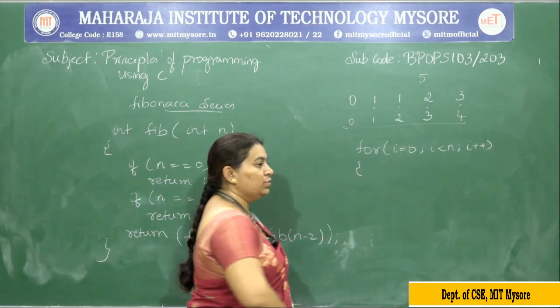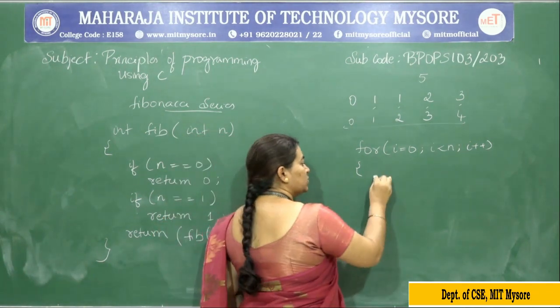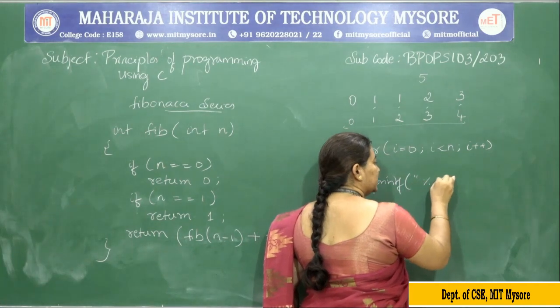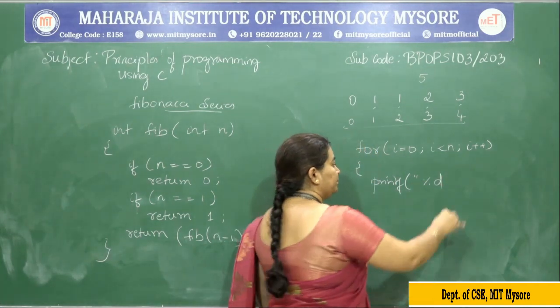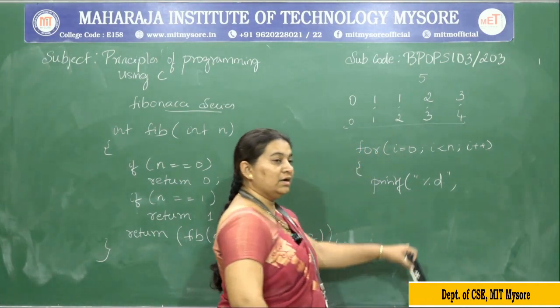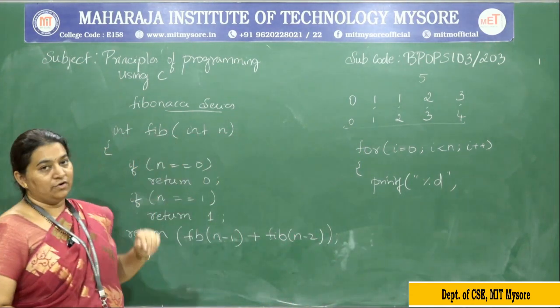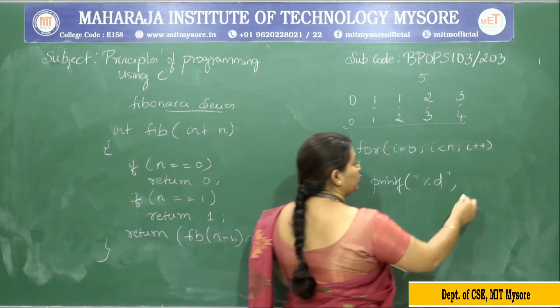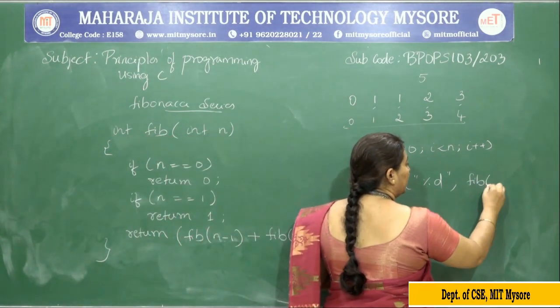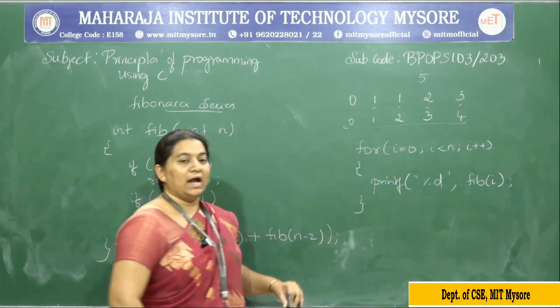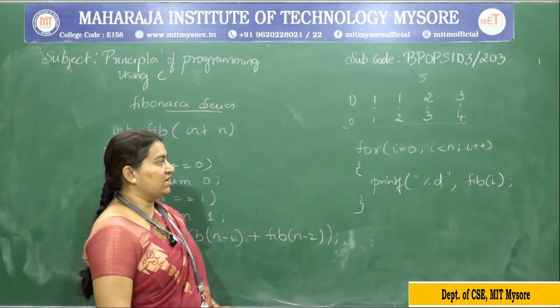Next I have to print that series, so I'm going to use printf %d, and I'm calling the function fib of i. I'm going to send it and print this. We'll see one by one now.